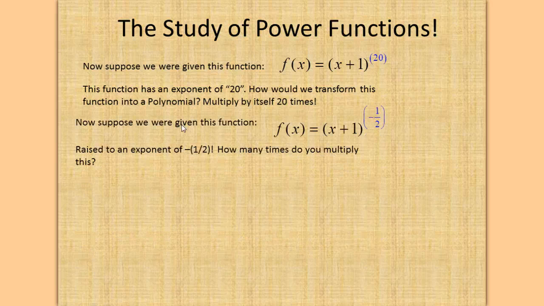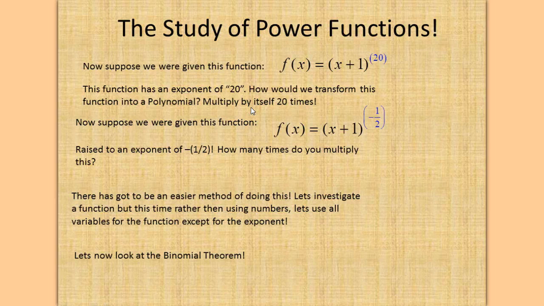Now suppose we were given this function, f of x equals (x + 1) raised to the power of minus 1/2. How many times do you multiply this? Well, that's kind of tricky. I don't know how you would multiply that times minus 1/2. So there's got to be an easier method of doing this.